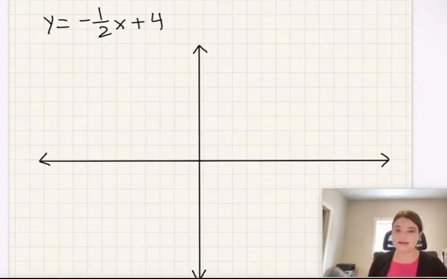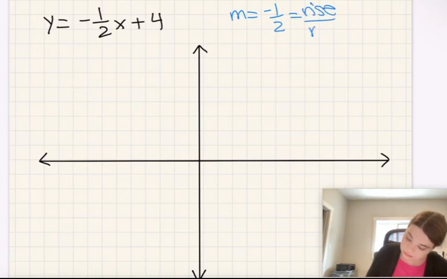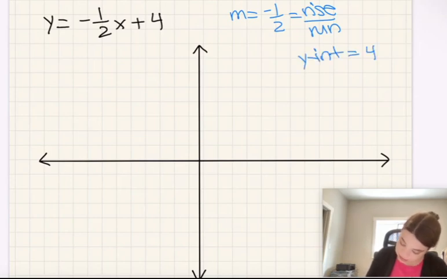First of all, what is our slope and our y-intercept? Our slope is -1/2 and our y-intercept is 4. So first thing I'm going to do is draw my first point at 4, like that.